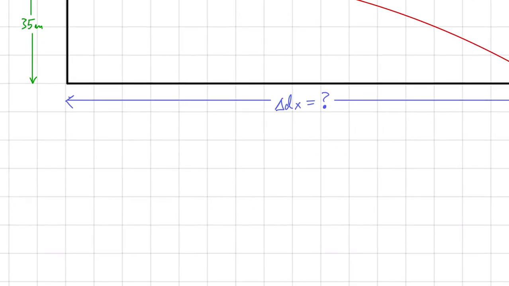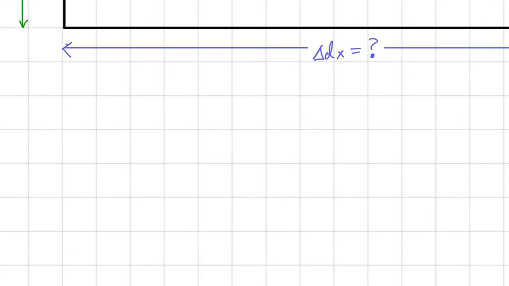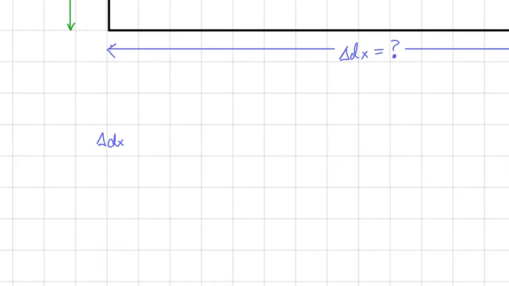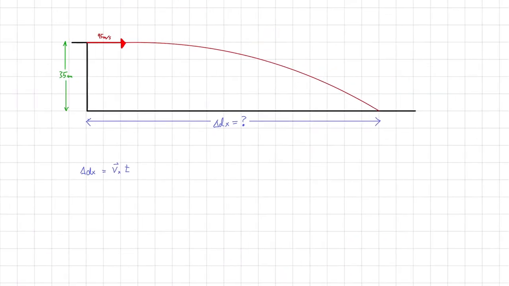So the formula for that, delta dx, is equal to the velocity in the x direction multiplied by time.